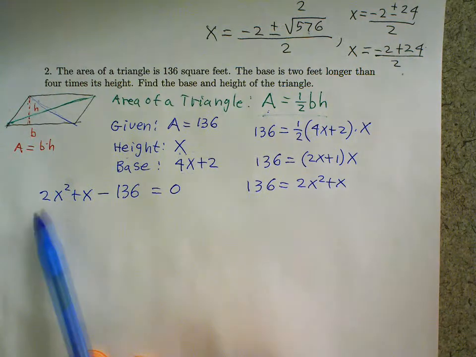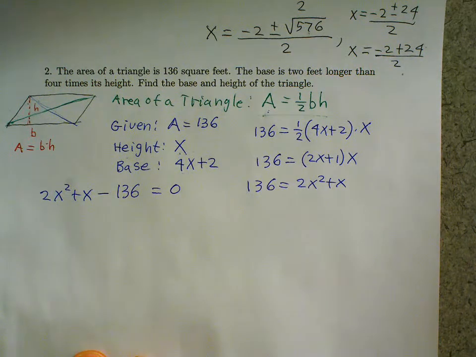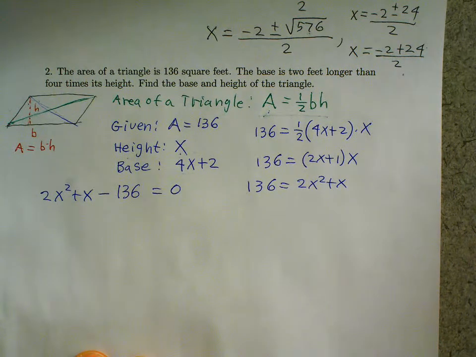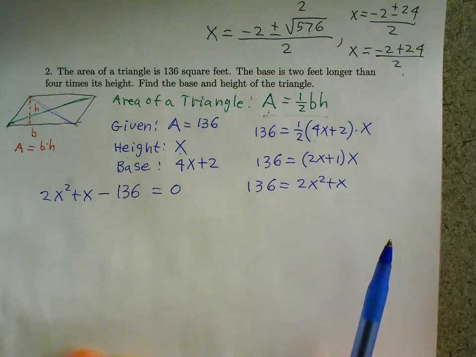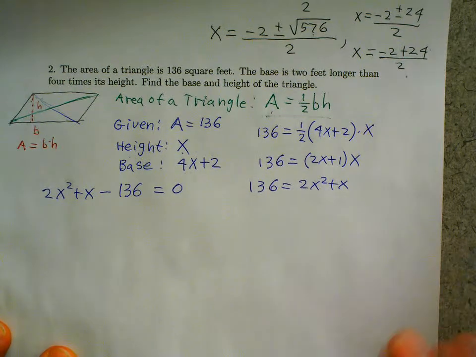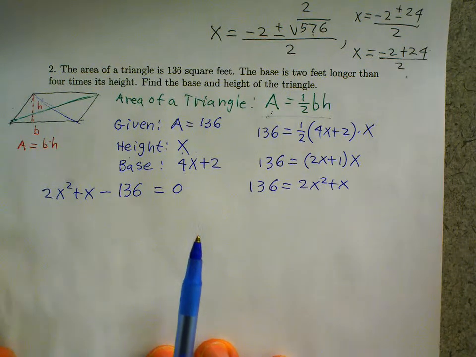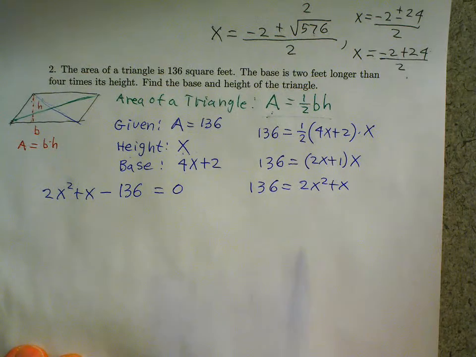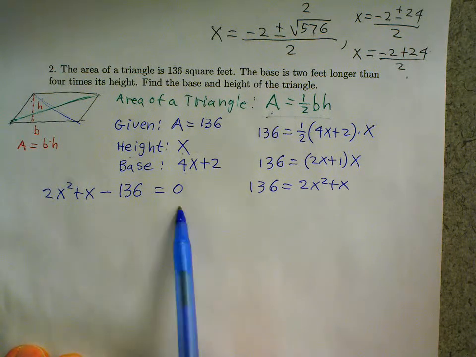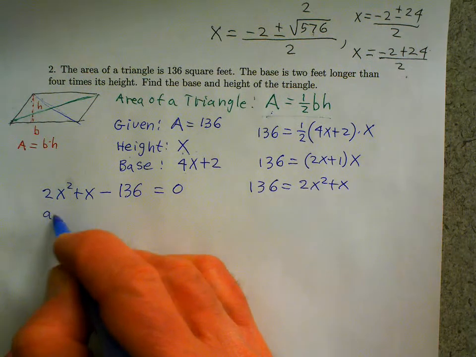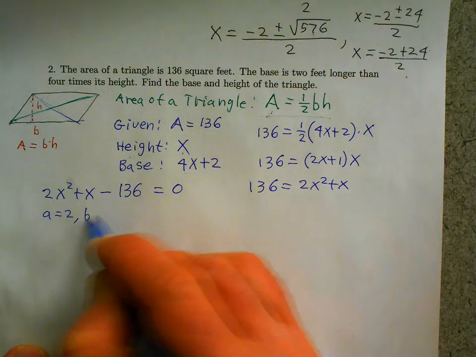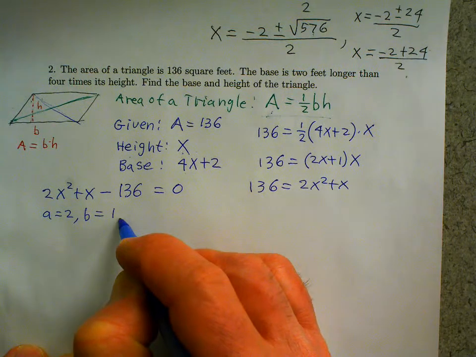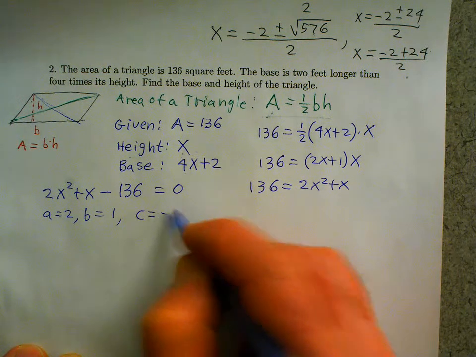We know how to solve any quadratic equation. We can always use the quadratic formula. Okay, so if we use the quadratic formula, we have A is 2, B is 1, and C is negative 136.